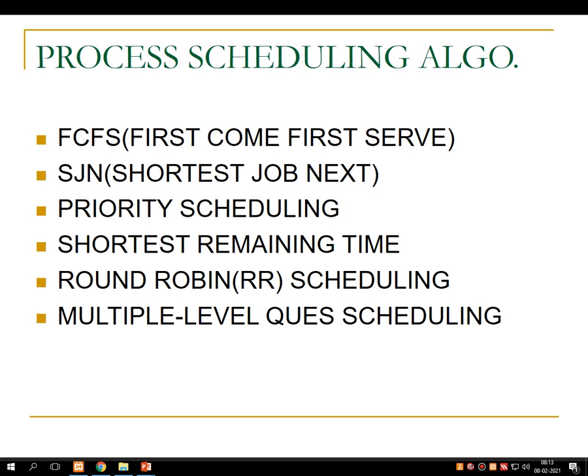So the title of the topic is process scheduling algorithm. Even in this topic, there is a periodical development into the various algorithms. As you can see on the screen, various types of process scheduling algorithms are available in our subject, like FCFS, called first come first serve, SJN, that is called shortest job next.